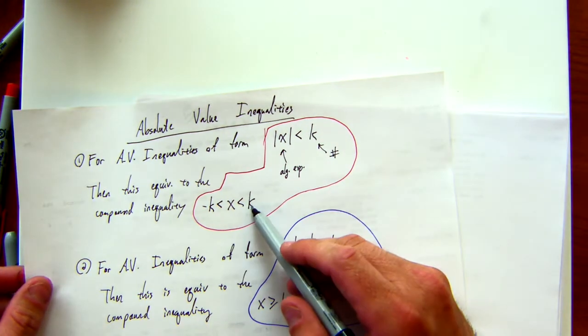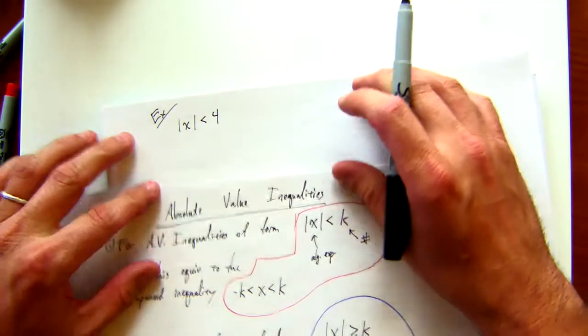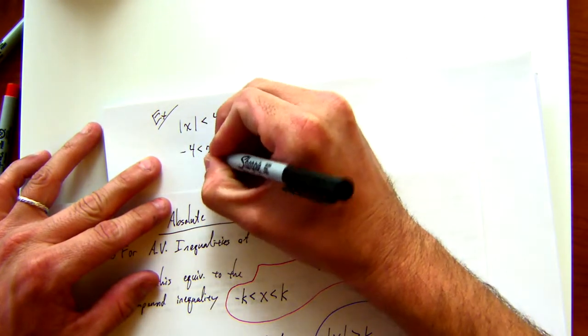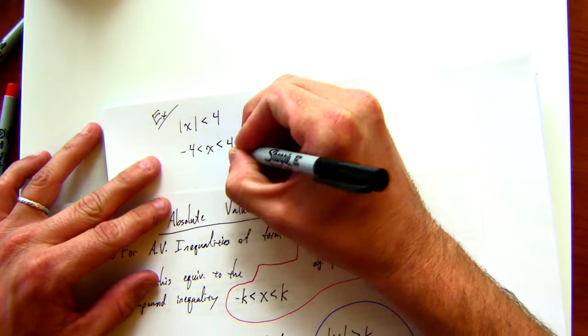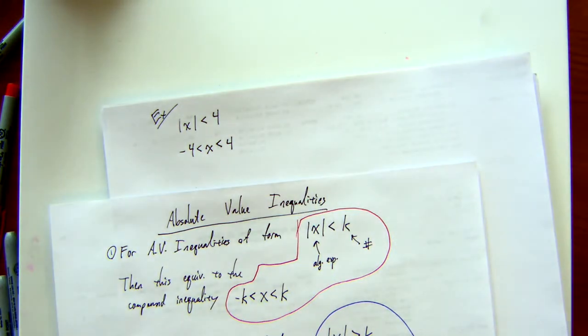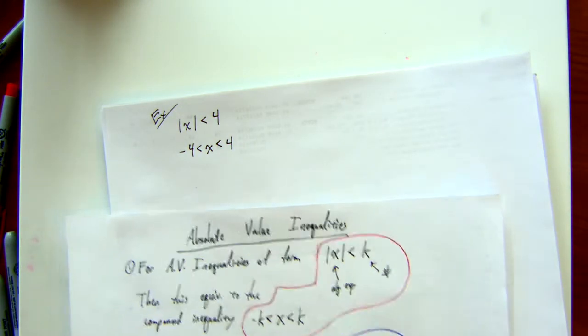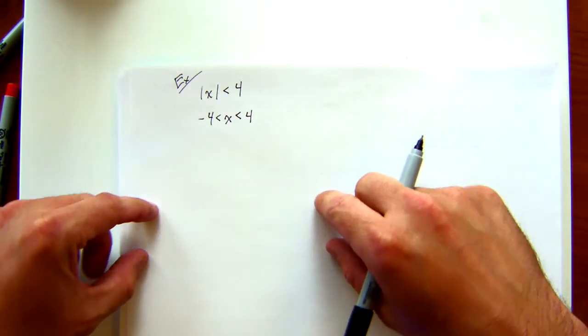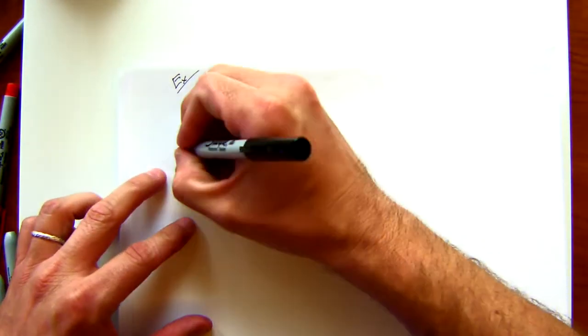So then using my rule here, I can rewrite this as negative 4 is less than x is less than 4. And we're pretty much done. If we want to break it up into two different ones, we can, but we don't have to.